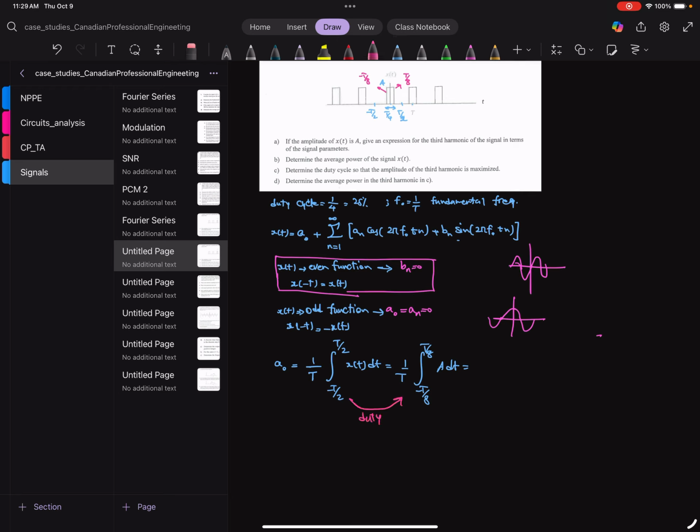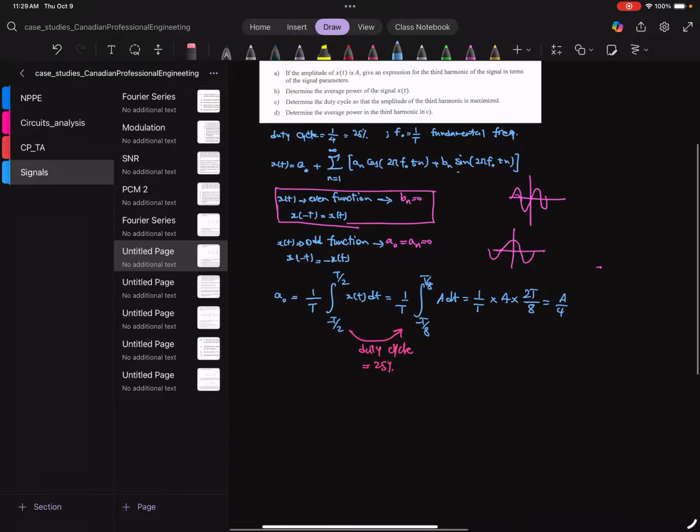So we have 1/T times the integral of A dt, and that would make it 1/T times A times 2 multiplied by T/8, which makes it A/4. Perfect.